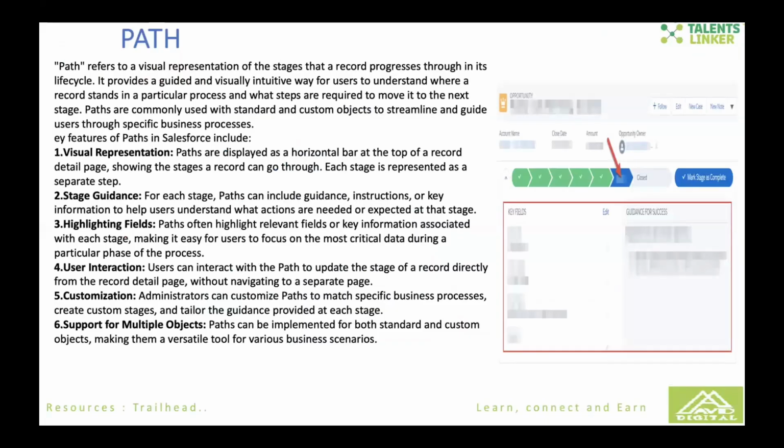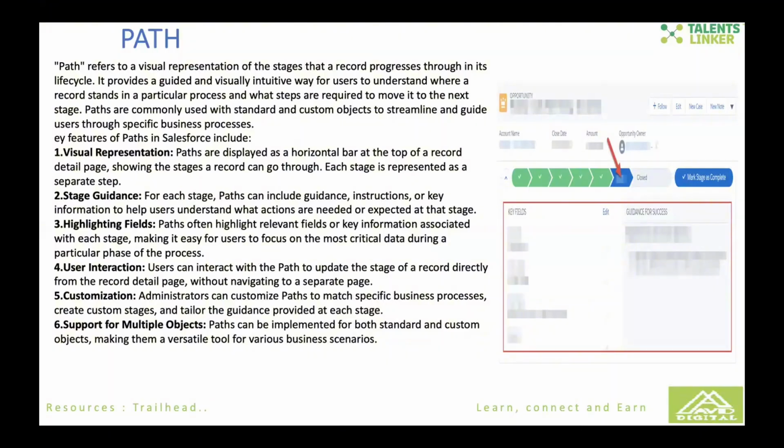Then paths, we have actually created paths. We virtualized using different stages and on different record types to actually help us to create processes. Now, path refers to a virtual representation of stages that a record progresses through in its life cycle, the way we created a path for our installation and for our production record type.